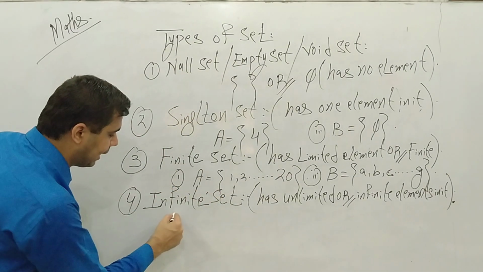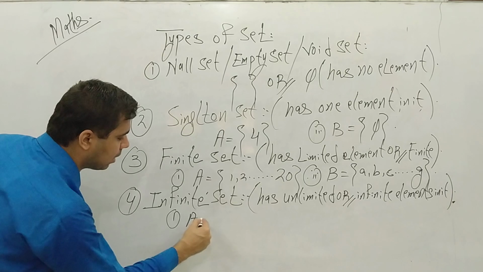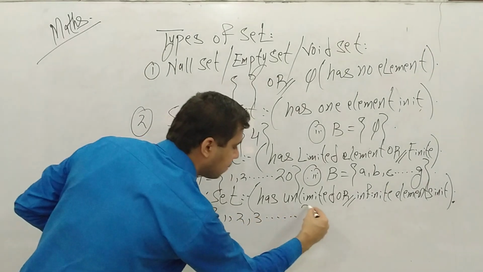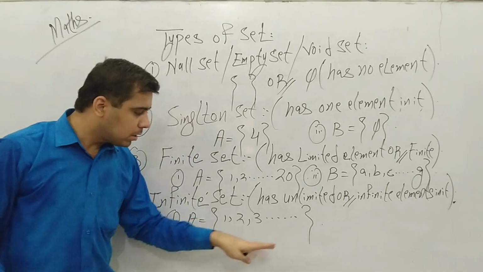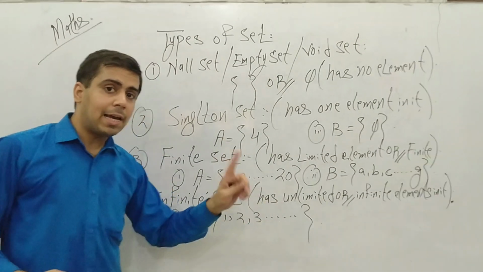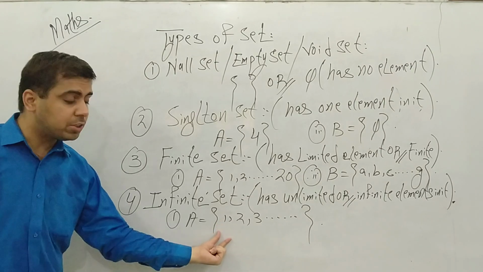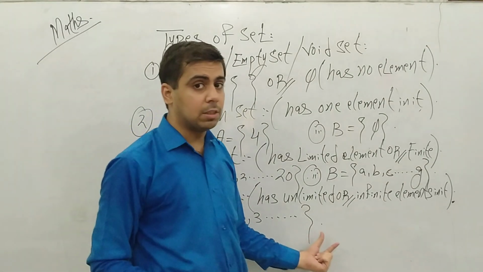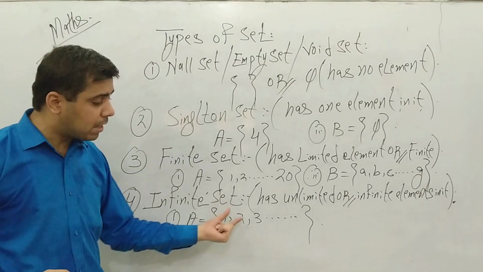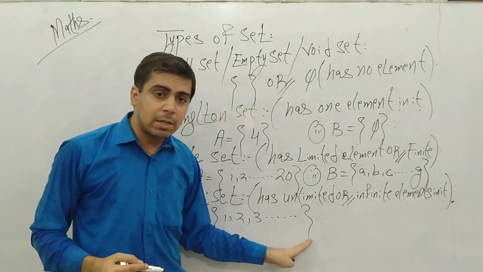Examples of an infinite set. Number one, A equals 1, 2, 3 and so on. My students, the range of elements is not clearly mentioned here. Only your first element is mentioned, but the last number is not mentioned. This is why we call this an infinite set, because we don't know the ending element of this one.